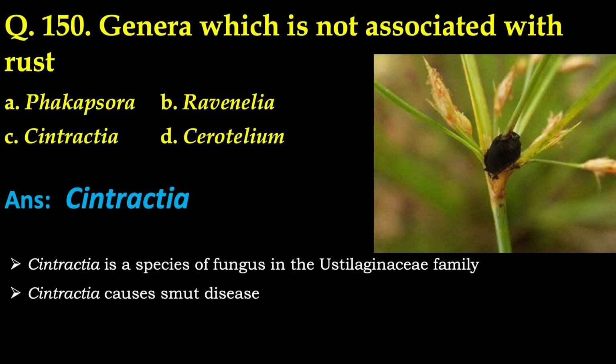In case of option B, that is Ravenelia, they belong to the family Raveneliaceae that is responsible to cause rust in many agricultural crops, and they belong to the order Pucciniales, and the family contains around 26 genera and about 323 species. The genus Ravenelia represents the third largest genus of the rust fungi and parasitizes a great number of leguminous shrubs as well as trees.